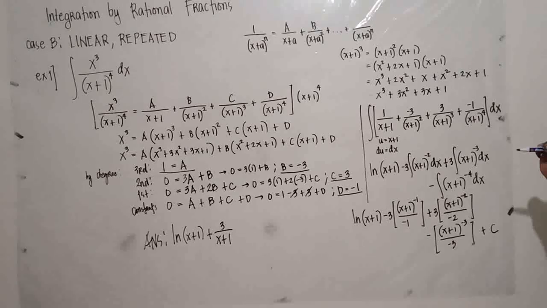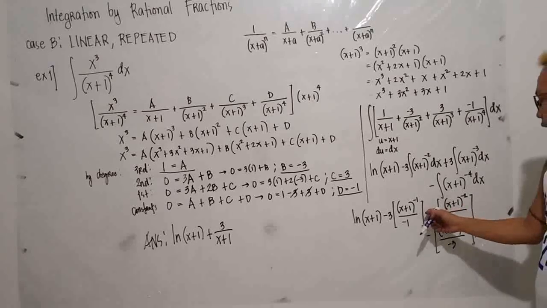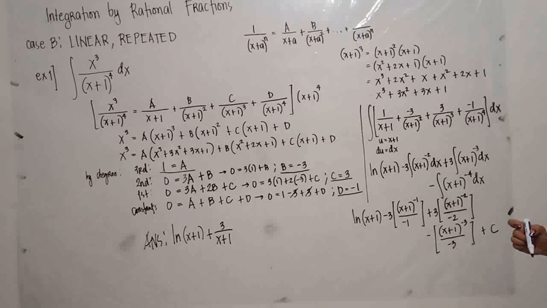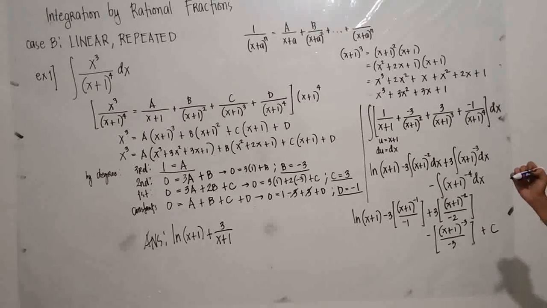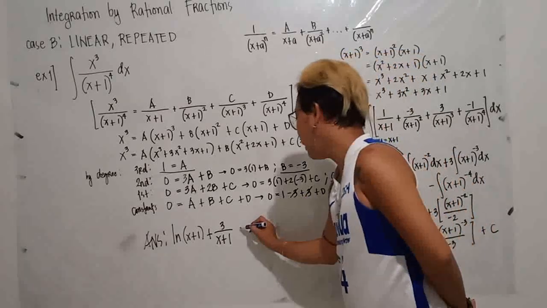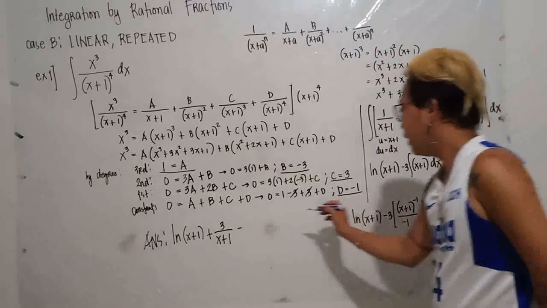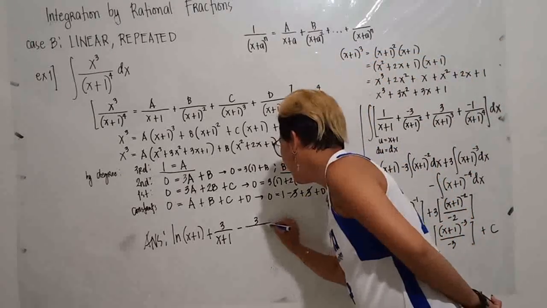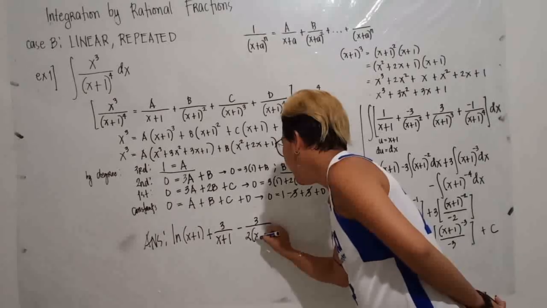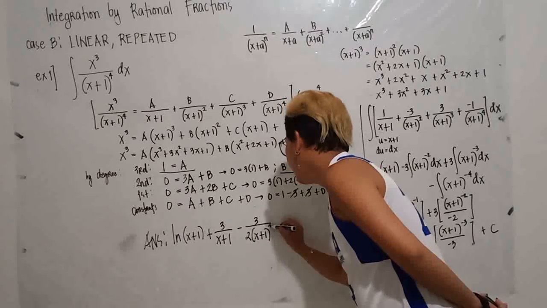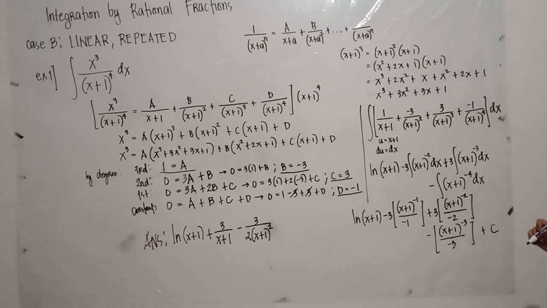So, magiging negative 3 over 2. Tapos, negative to, pwede natin ibaba. So, you will have 1 over x plus 1 squared. So, magkakaroon tayo ng negative 3 over 2, then x plus 1 squared.